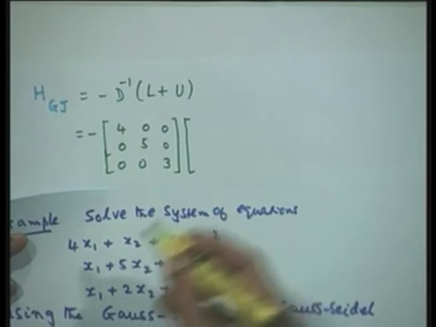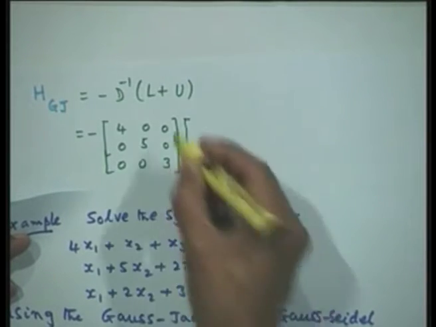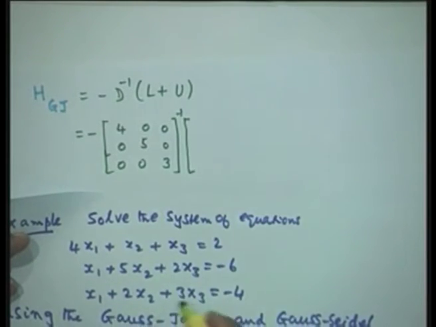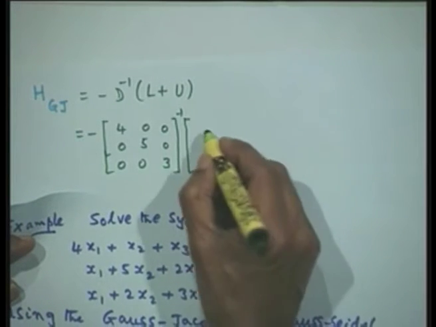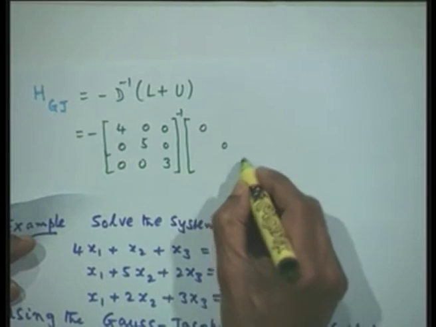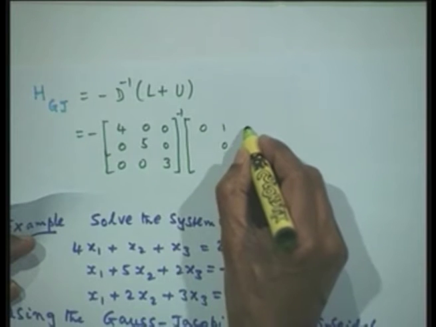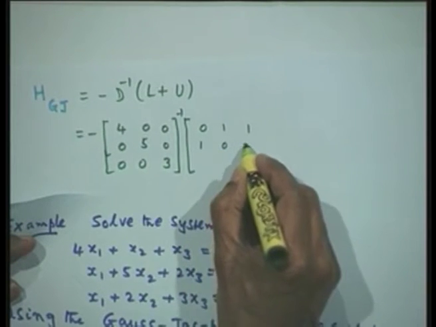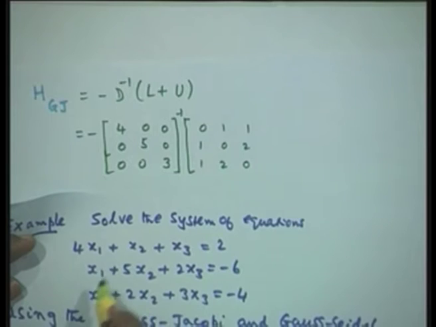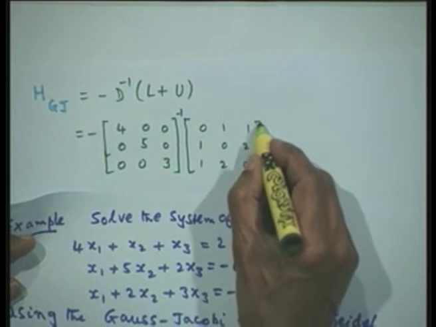L plus U will give you, oh yes, inverse, we will put inverse here, and then L plus U is the remaining part. So, we will have diagonal elements as zeros here, and the remaining part is 1 1 1, 2 1 2, that is your 1 1 here, 1 and 2 here, 1 and 2 here.